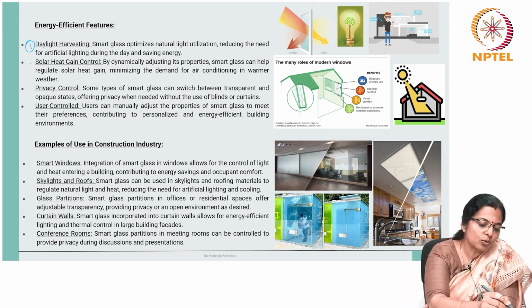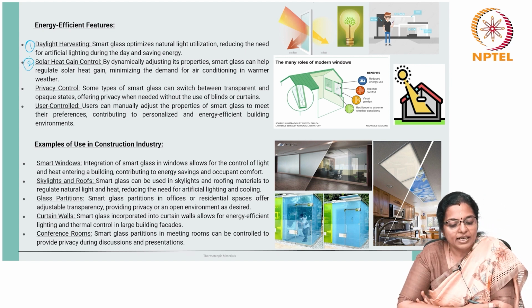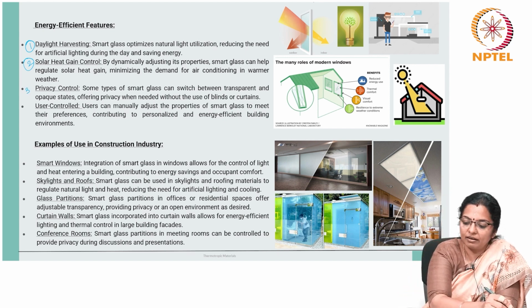Second is solar heat gain control. By dynamically adjusting its properties, smart glass can help regulate solar heat gain by minimizing the demand for air conditioning in warmer weathers.